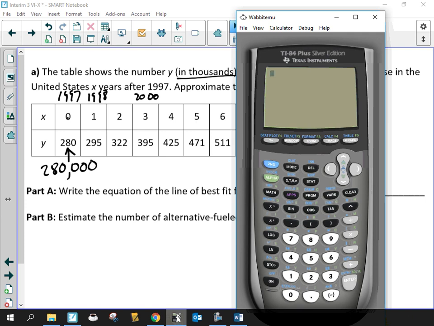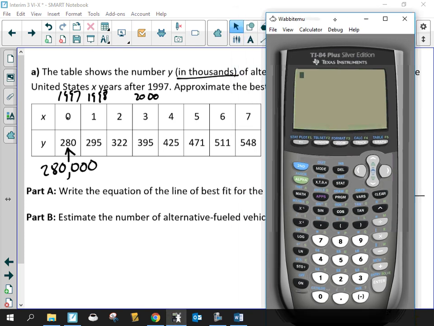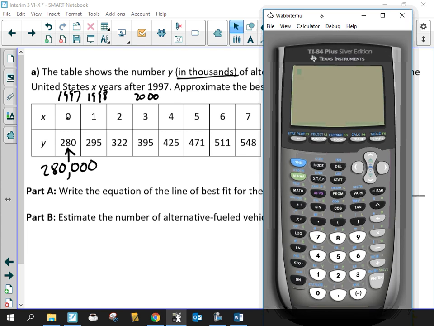So if you want to put the data into your calculator, what you do is you hit Stat, Edit. If there's already data in there, you want to clear it, not delete it.